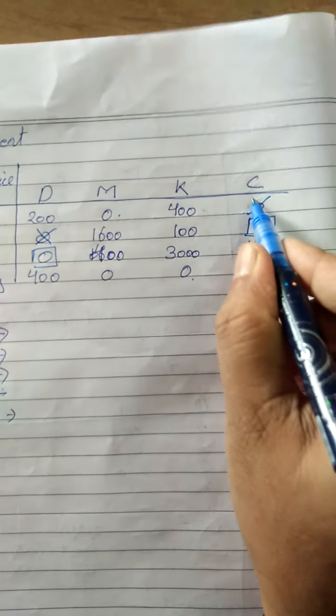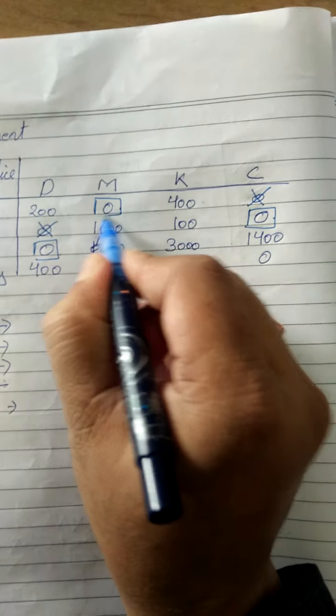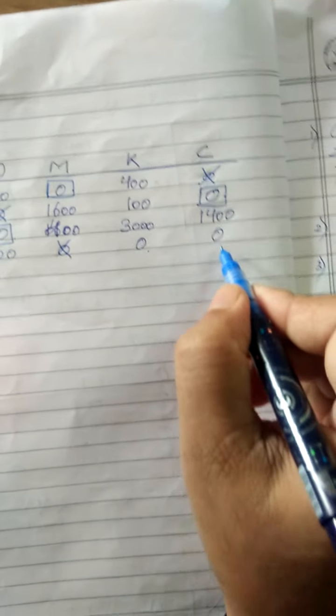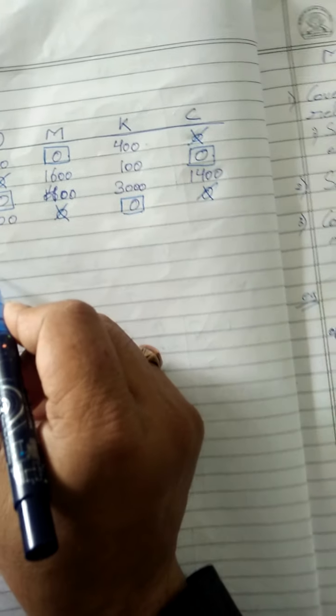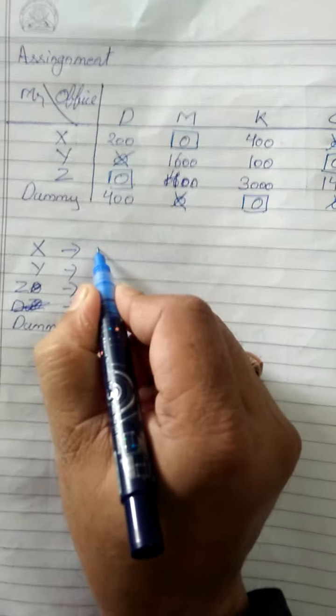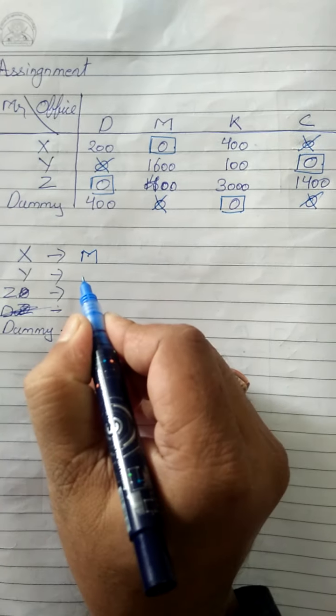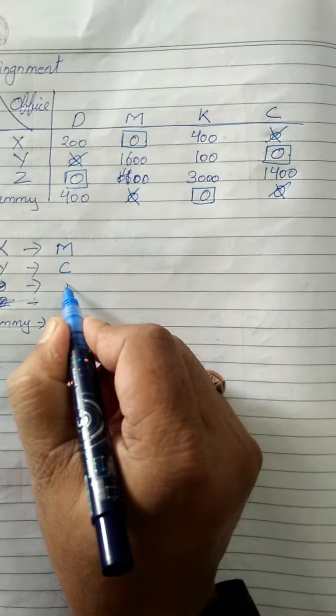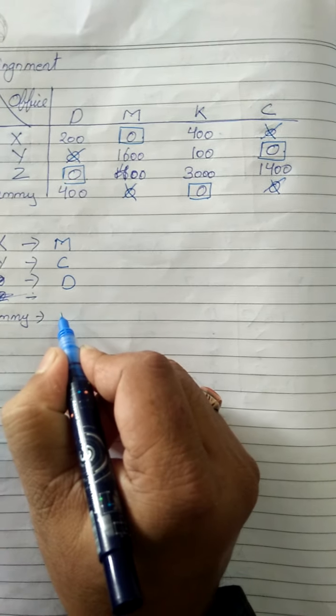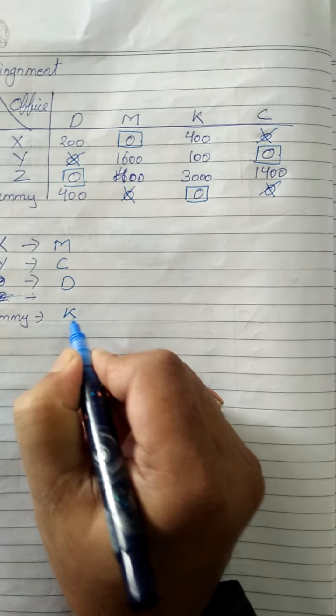Mark it with a square and cancel the zeros. Now this is a single zero, mark it. Only this 0 is remaining, so we can say that X is assigned to M, Y is assigned to C, Z is assigned to D, and dummy is assigned to K.